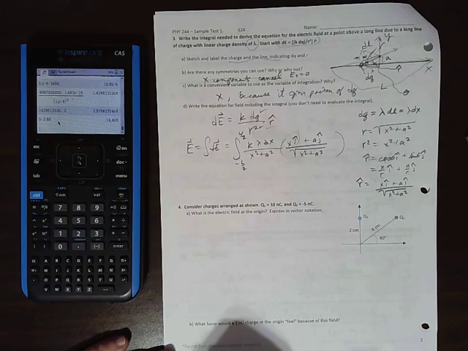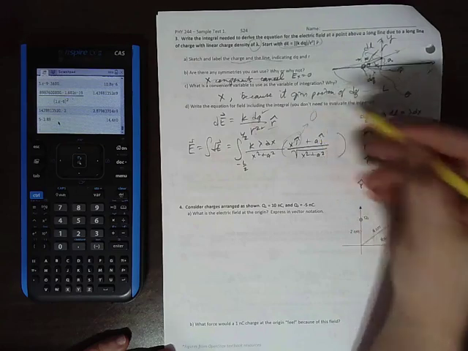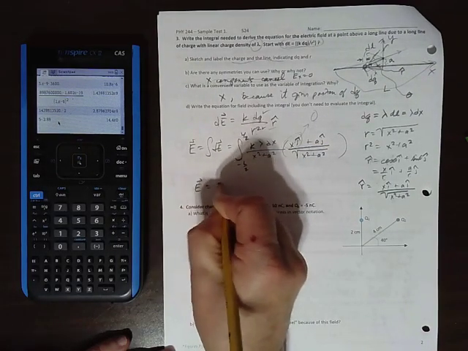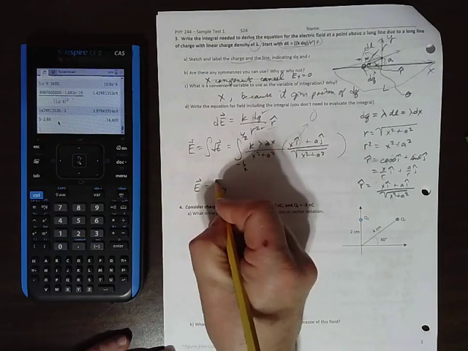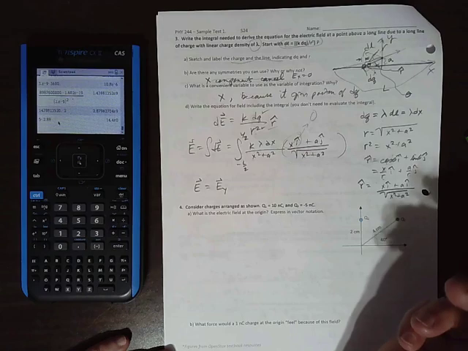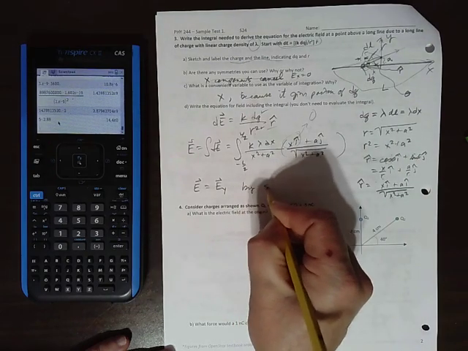It simplifies our integral a little bit, but in general, it's something like this. We know these terms are going to cancel out and go to 0, so E is just going to be E y, and we could rewrite it, but I'll just leave it like that for now.